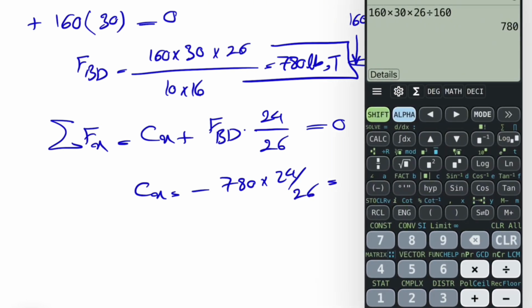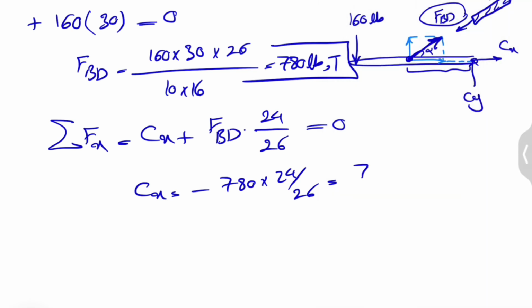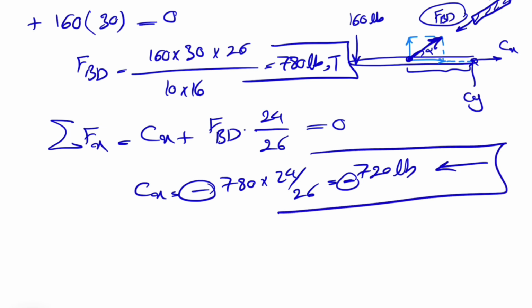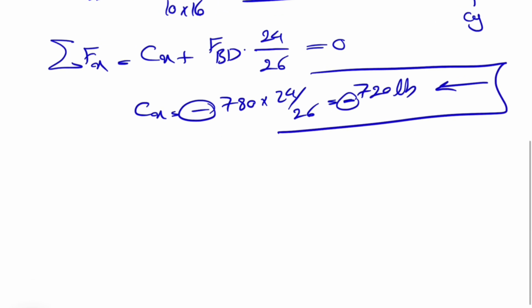Let's see what we're getting here. 780 times 24 divided by 26 is going to give us 720 pounds. And we have a negative sign in here that shows that Cx is actually in this direction. So our assumption was incorrect.